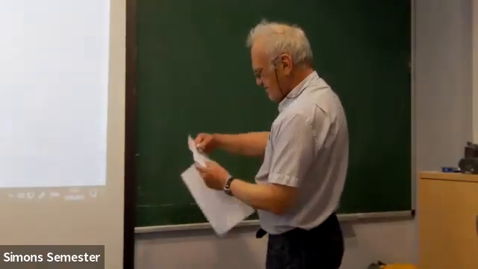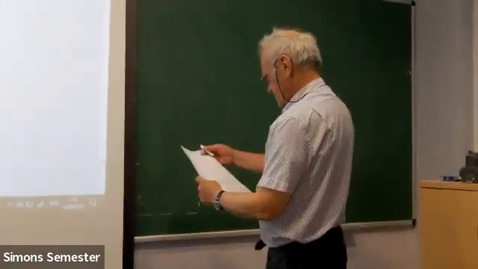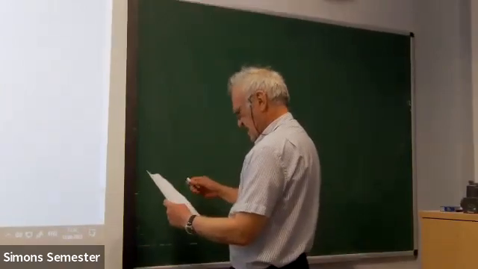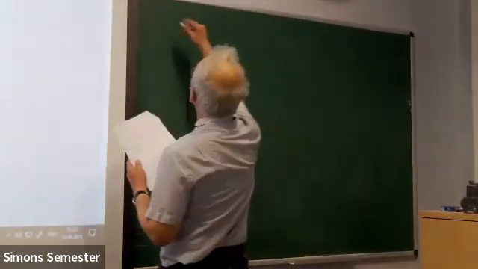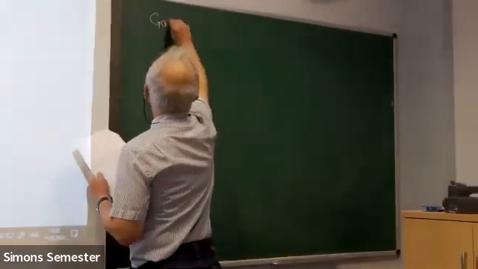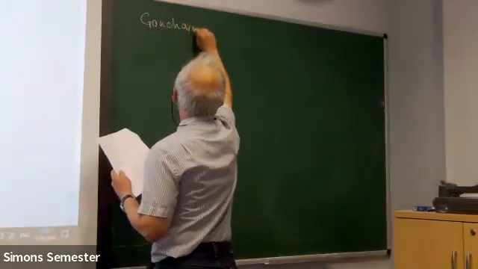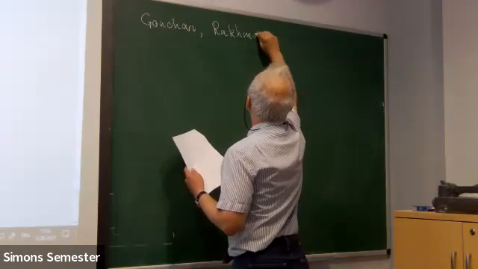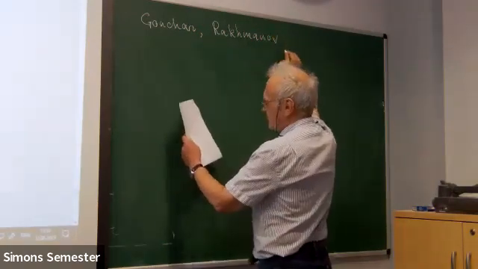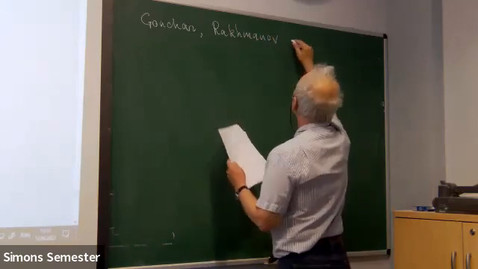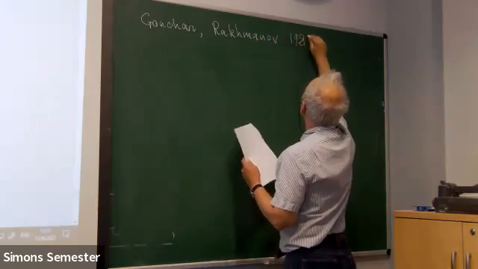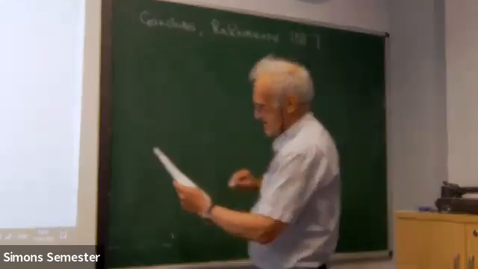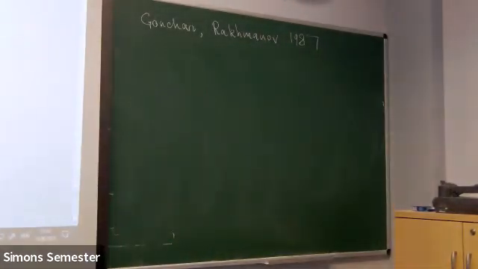Then Gonchar and Rakhmanov in 1987 were solving a problem of approximation theory.